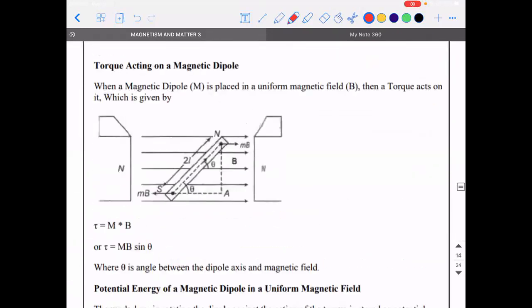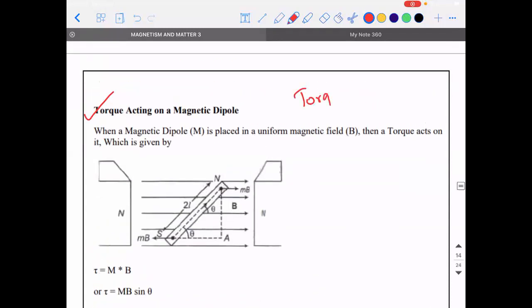Okay. The next concept is how to calculate the torque acting on a magnetic dipole. Last chapter we discussed the torque acting on a current carrying coil. What is the value of torque acting on a current carrying coil? If you don't remember, go check your notes and tell me.